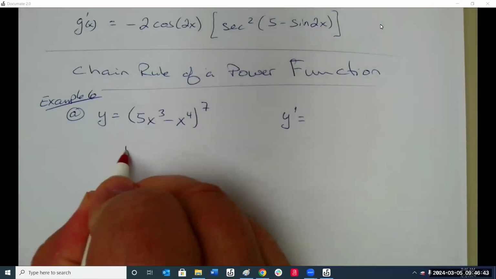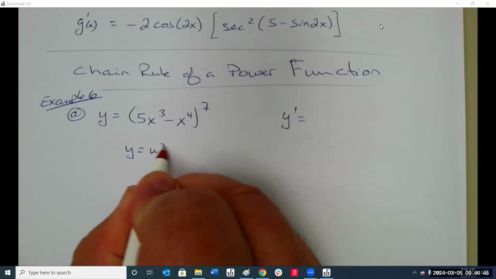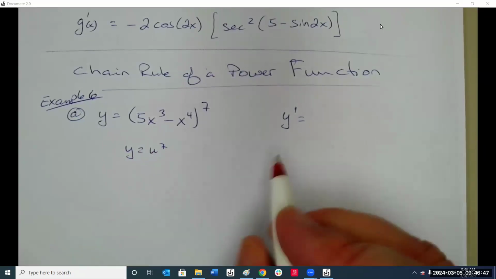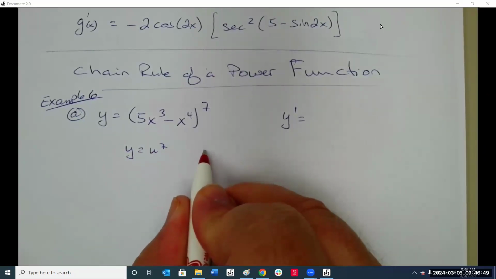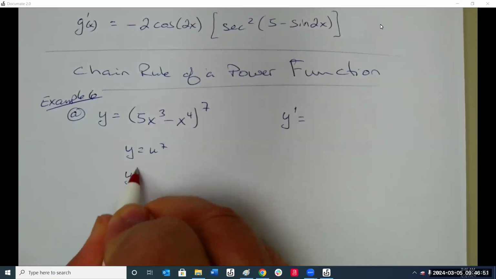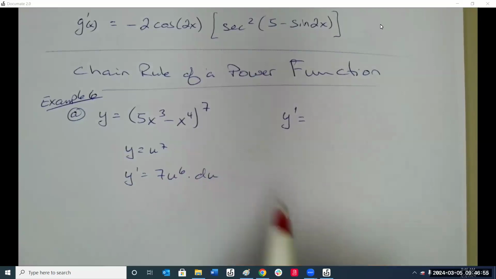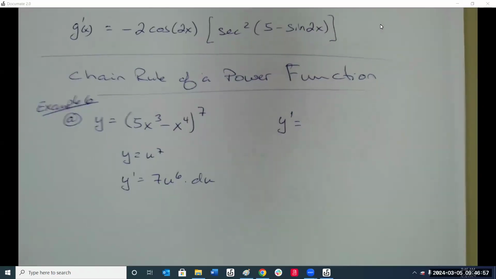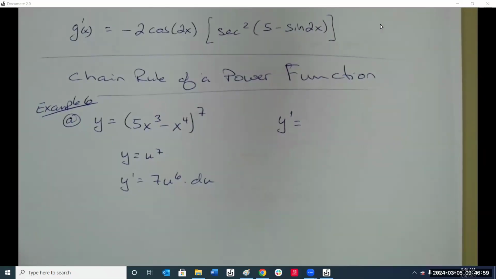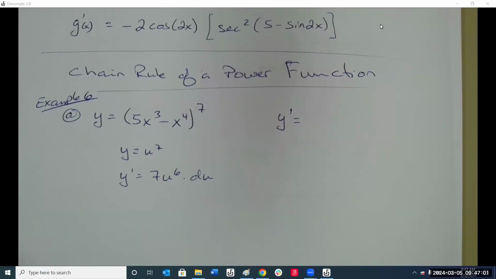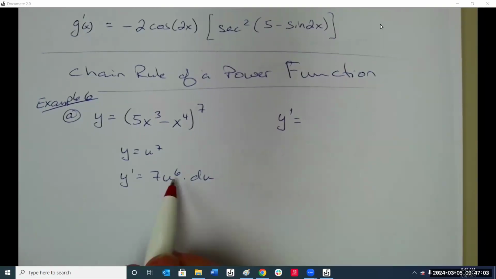So again, we have u to the 7th. So we have 7 u to the 6th times du. See, the derivative of the outside times derivative of the inside.